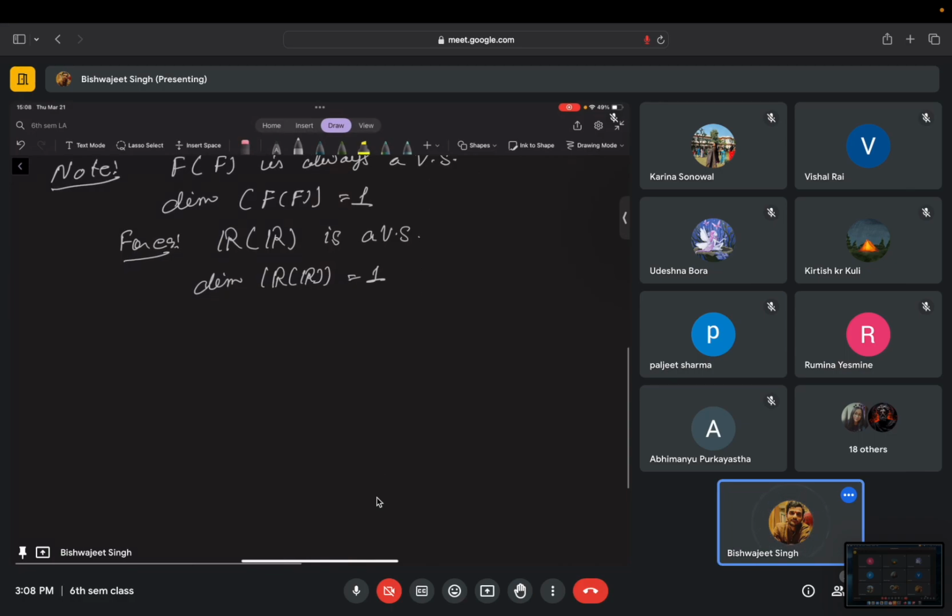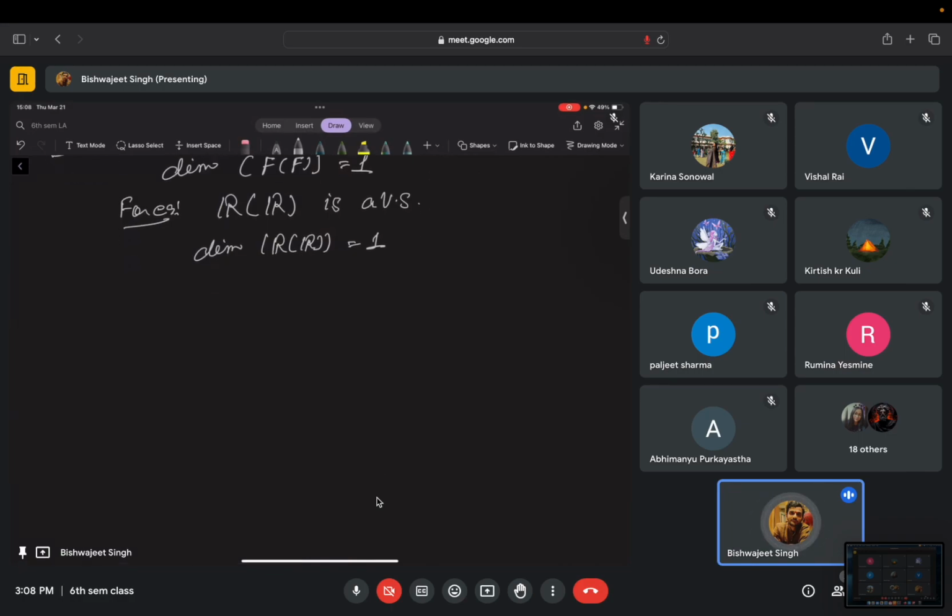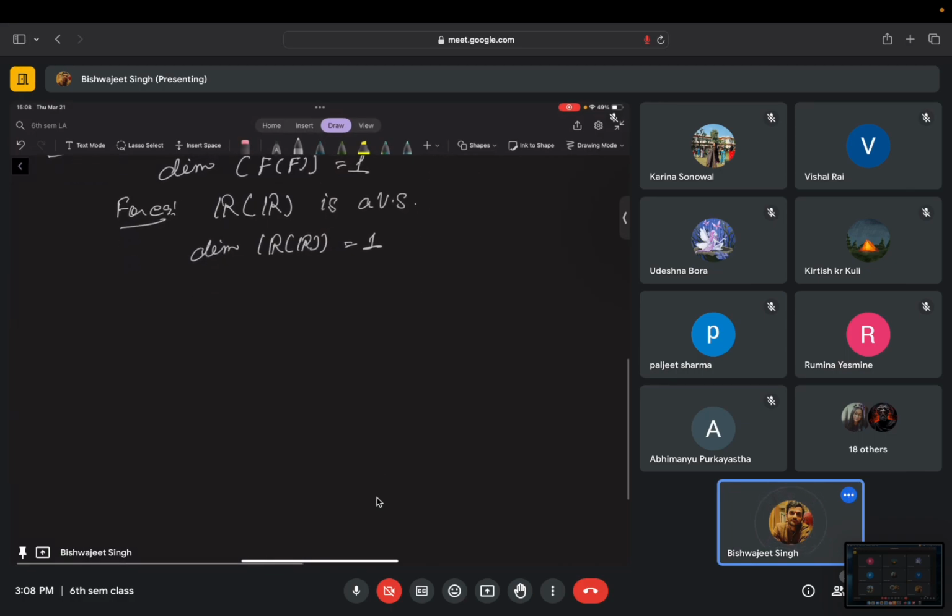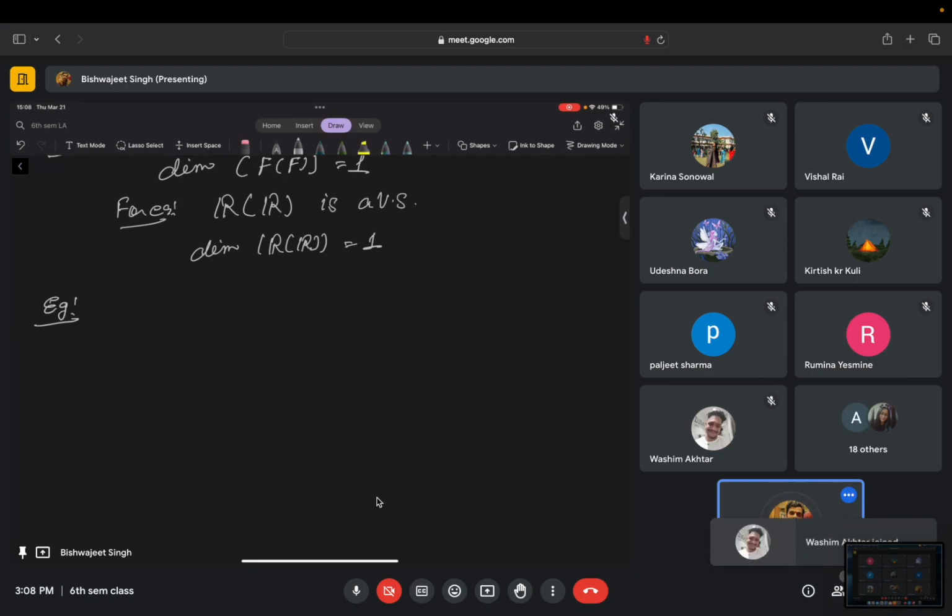Now let us see some examples of linear functionals. We saw in the last class that we defined some transformations from Rn to R or Rn to Rn, right?